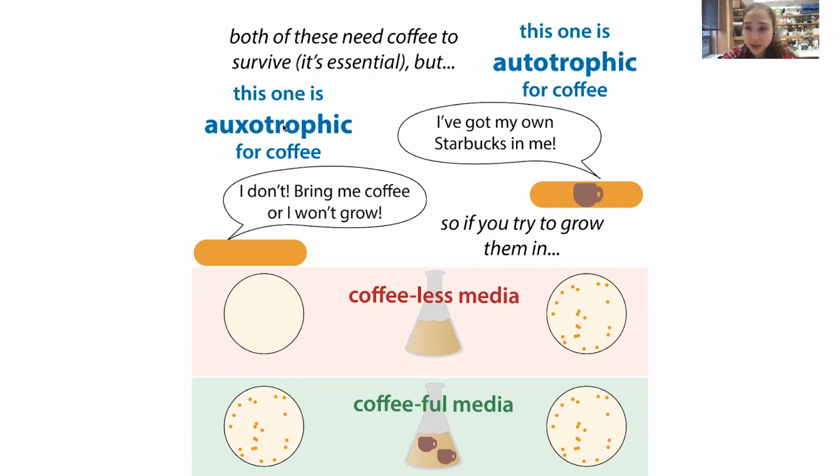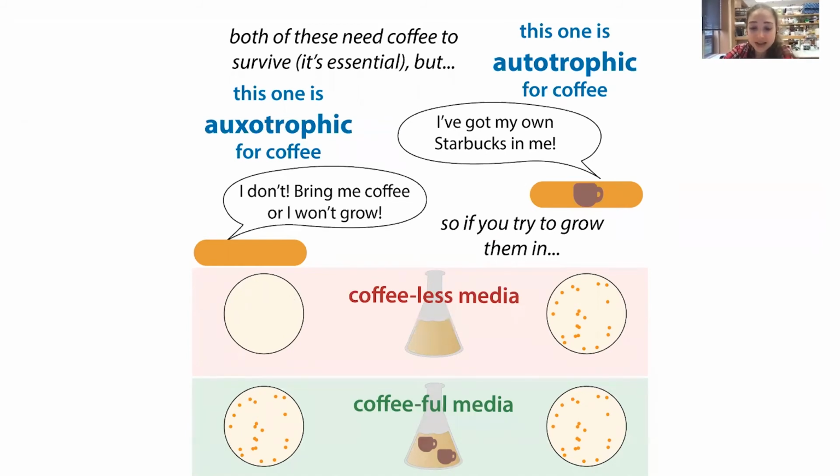And one of them is auxotrophic for coffee, so it can't make its own coffee. It needs to be brought coffee. So if you grow them in media that already has coffee in it, they're both going to grow. But if you grow them in media that doesn't have coffee, now only the one that is autotrophic, that can make its own, can grow, whereas the one that is auxotrophic cannot grow.